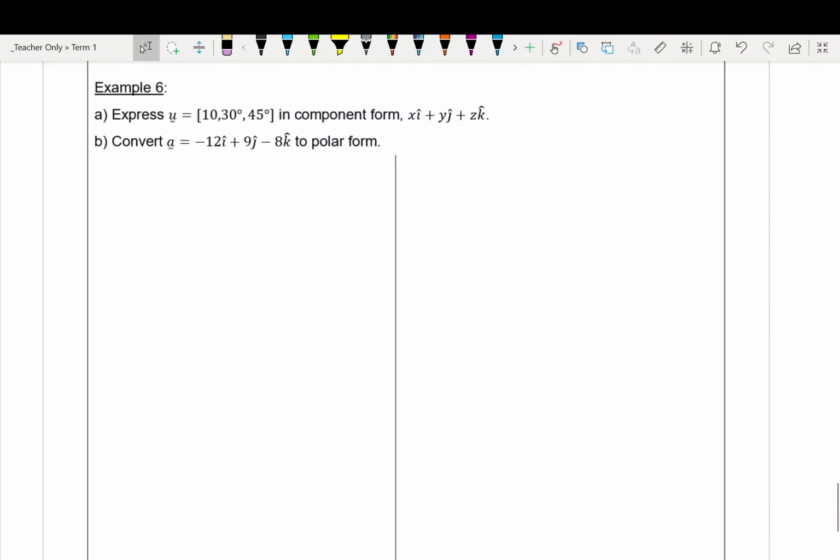Okay, example 6. Convert u into component form x plus y plus z. So to do that, we first of all need to find our x, our y, and our z components. So x is 10 times cosine 30 degrees times cosine 45 degrees.